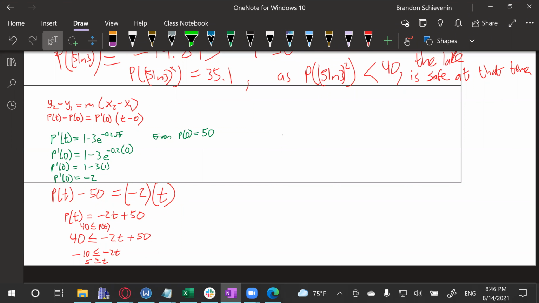Okay, update our work on the other side. So this was true when T equals 4.79 or T equals 11.3.